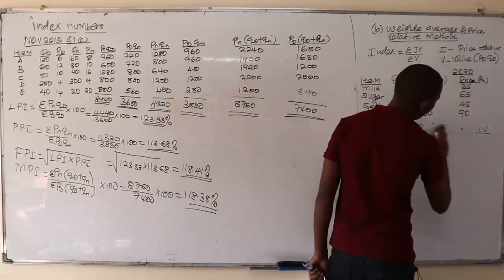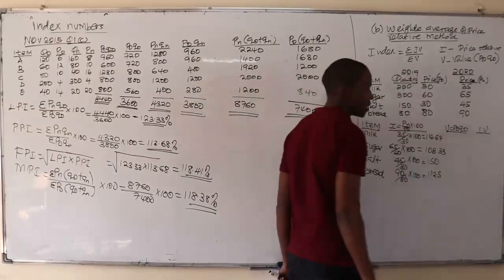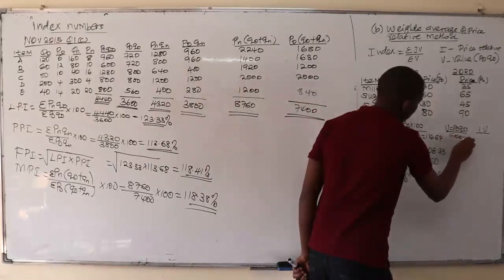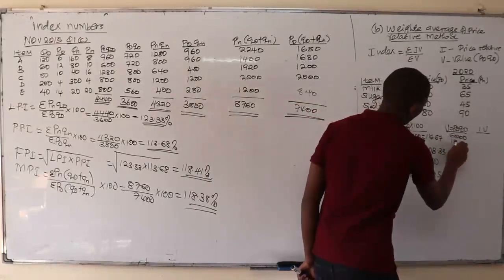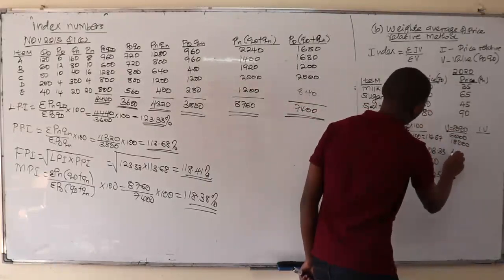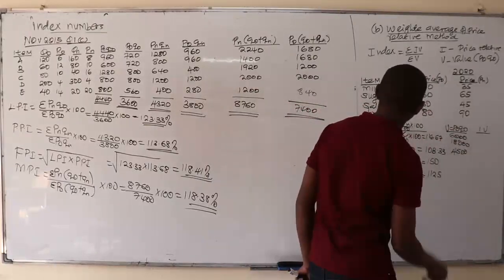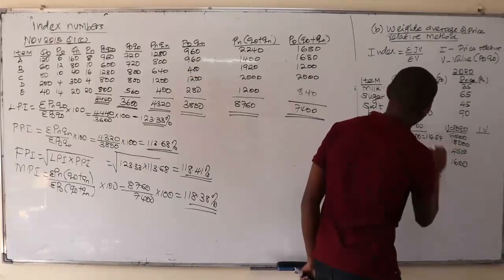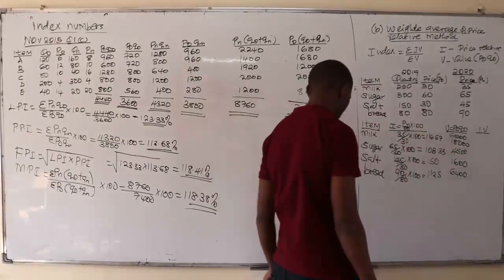So we can now get V, which we said is P0 Q0. Multiplying these gives 6,000, then 18,000, then 4,500, then 6,400.